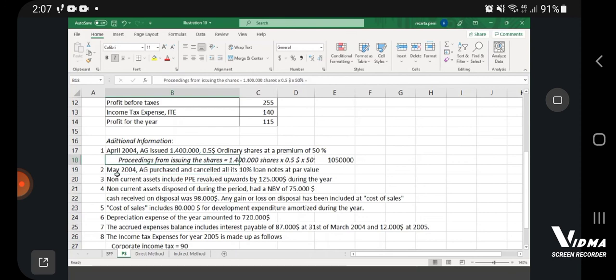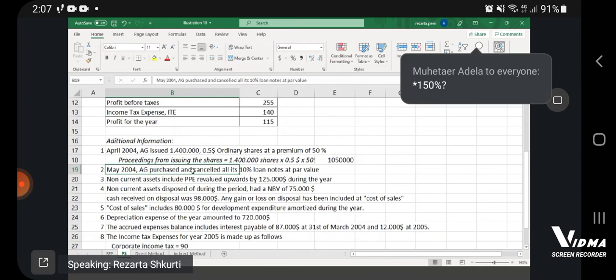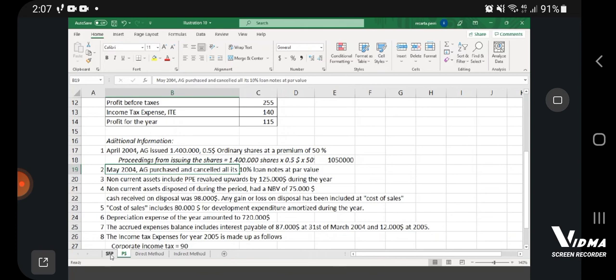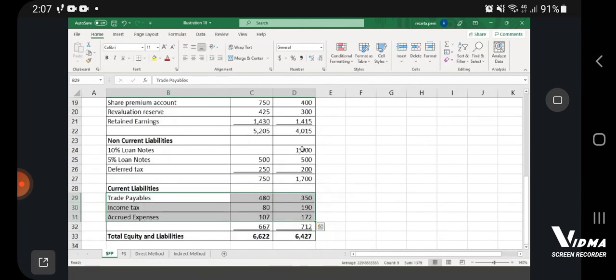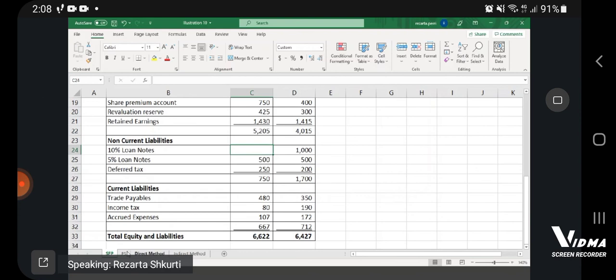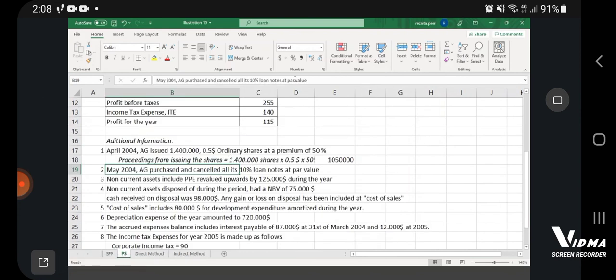The second information, in May, the company purchased and canceled all its 10% loan notes at par value. Now, let's go back to the statement of financial position. We have here the 10% loan notes, and we can see that they are not around anymore at the end of 2005. We start in the beginning of the period with a value of 1,000, and they are not anymore in the statement of financial position by the end of the period. That means that the company has repaid these loan notes, and the repayment has happened at par value.